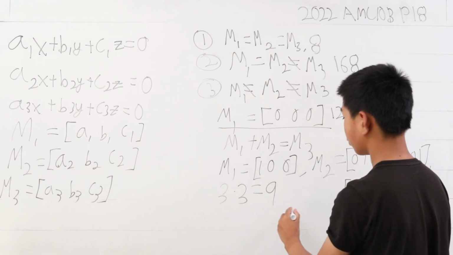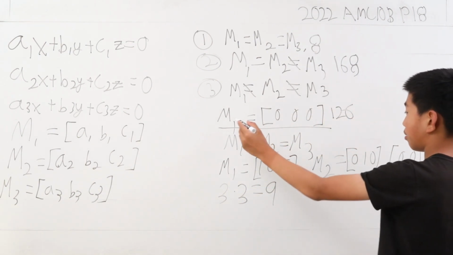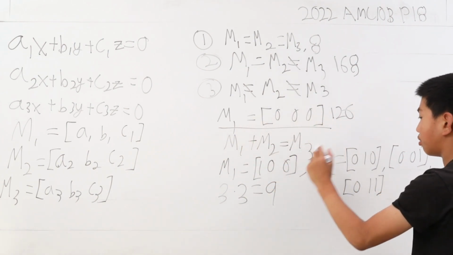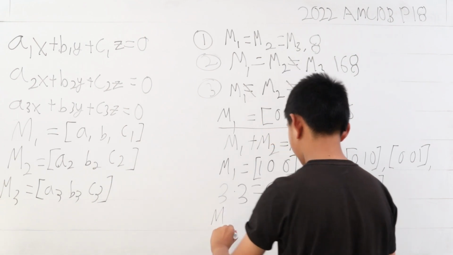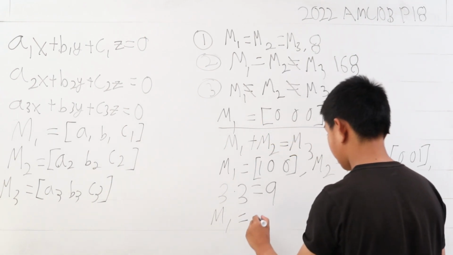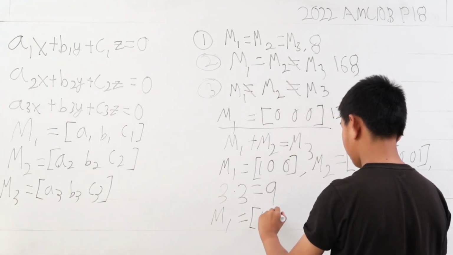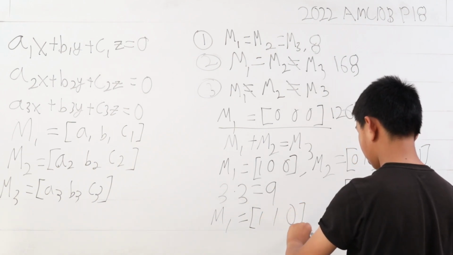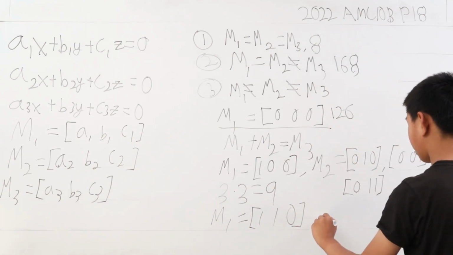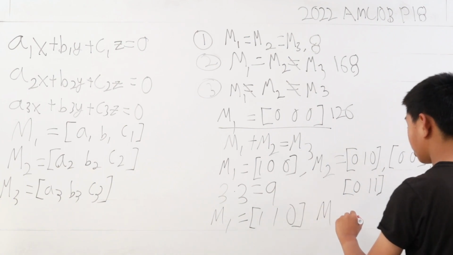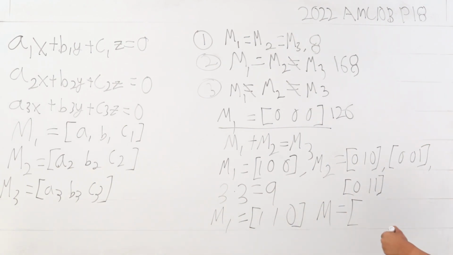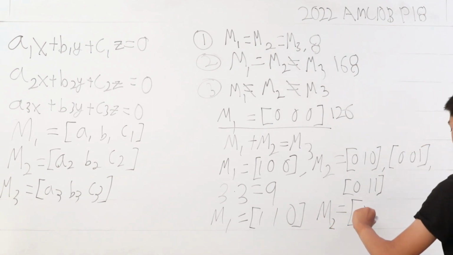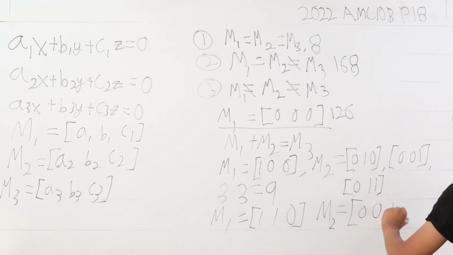But now we're missing one more case. We've had M1 as 0, 0, 0 and M1 as 1, 0, 0. Now we have to find the case where M1 is equal to 1, 1, 0. Here there's only one possibility for M2. It's only 0, 0, 1.